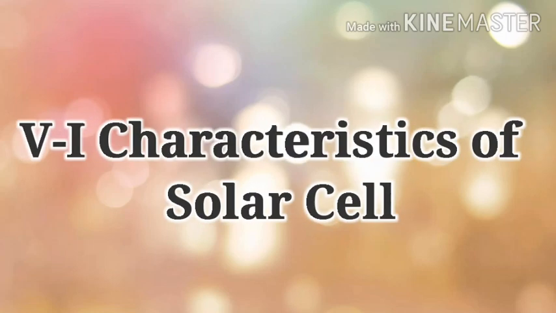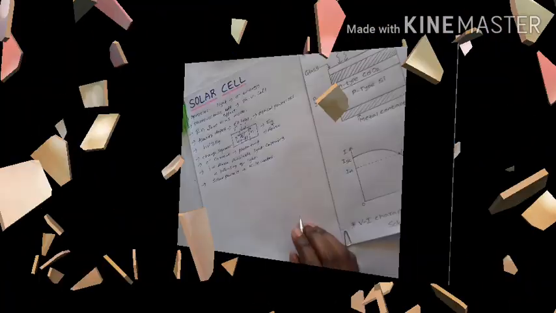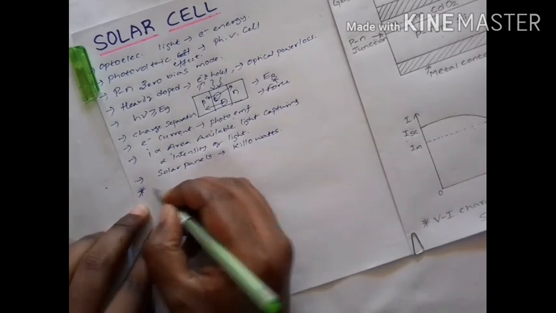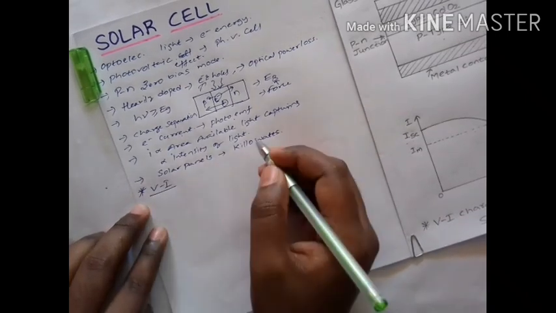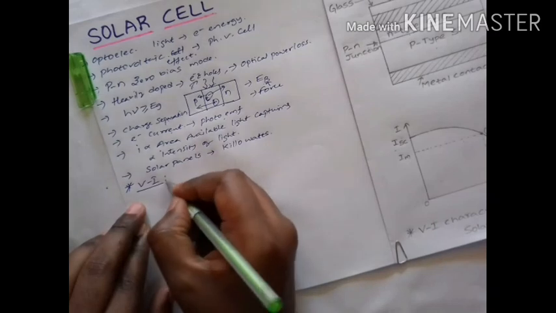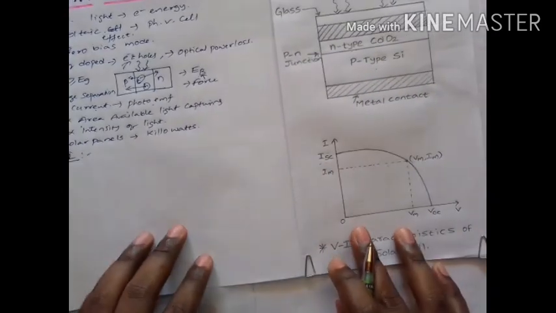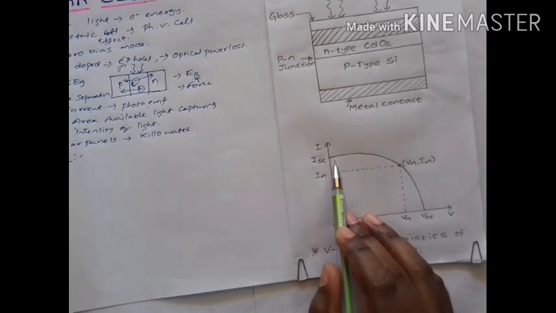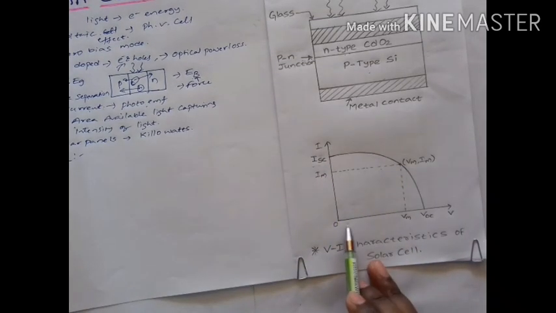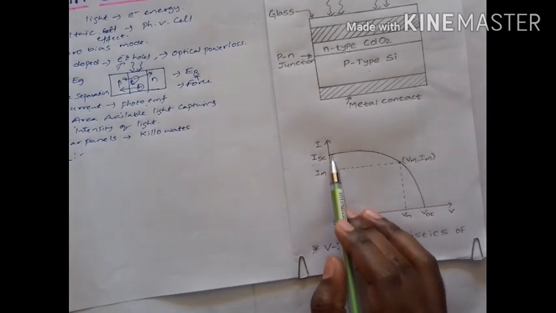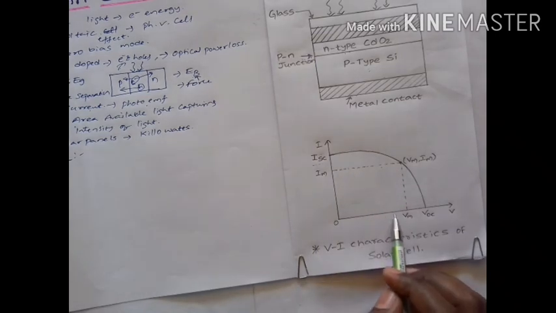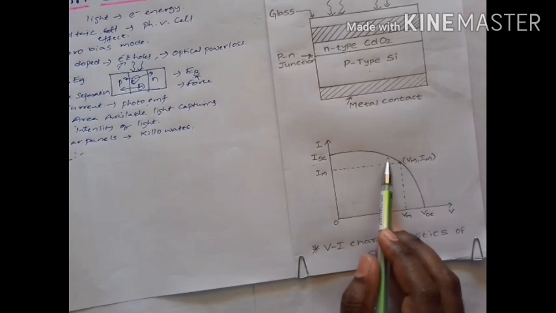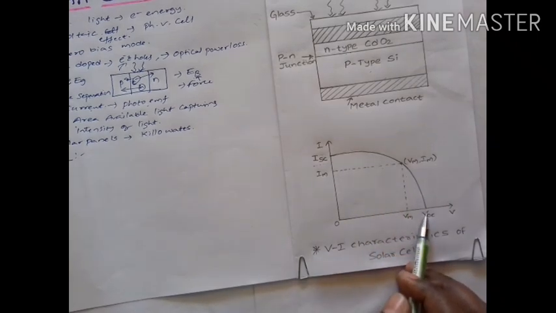Now we will see the VI characteristics of solar cell. If you plot the voltage versus current relation of the solar cell, then we will get a curve like this. For the lowest values of voltage, the curve is almost linear, but as the voltage of the solar cell increases, the current will decrease gradually, and then it reaches the point 0.